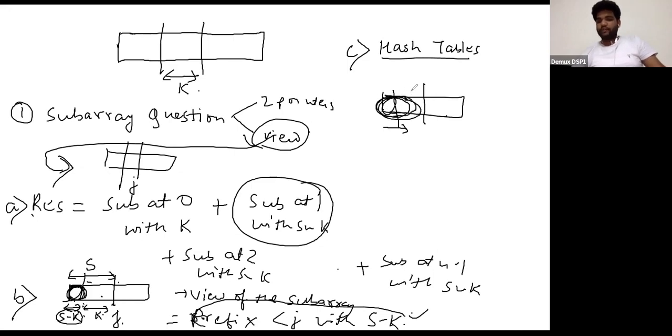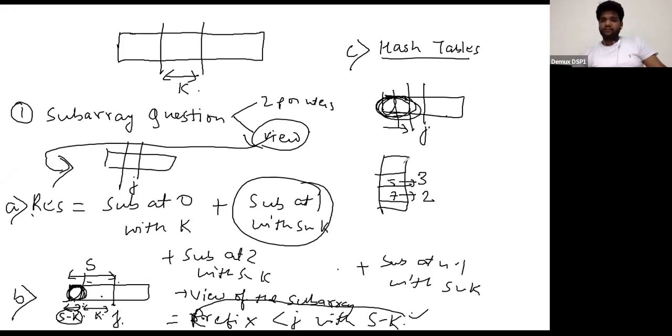I know the prefix arrays with sums, and I can store the frequency of each of them in a hash table. So I can store the total number of prefix arrays with sum 5, the total number of prefix arrays with sum 2, all that till I reach J. I can populate this as I am coming to J.